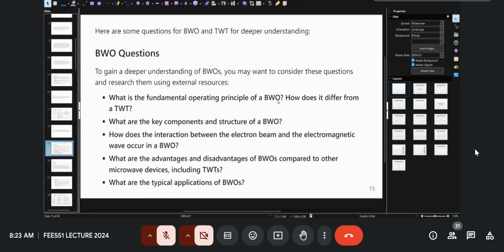What is the fundamental operating principle of a BWO? How does it differ from a TWT? What are the key components and structure of a BWO? How does the interaction between the electron beam and the electromagnetic wave occur in a BWO? What are the advantages and disadvantages of BWOs compared to other microwave devices, including TWTs?